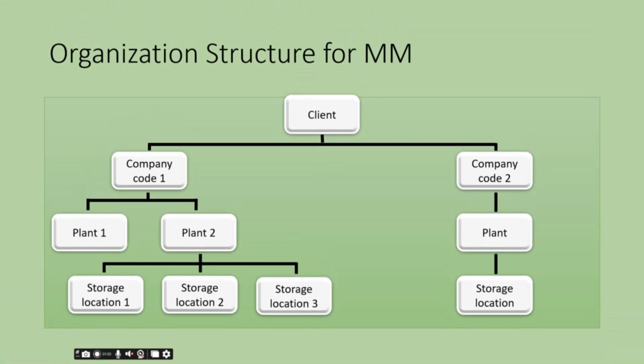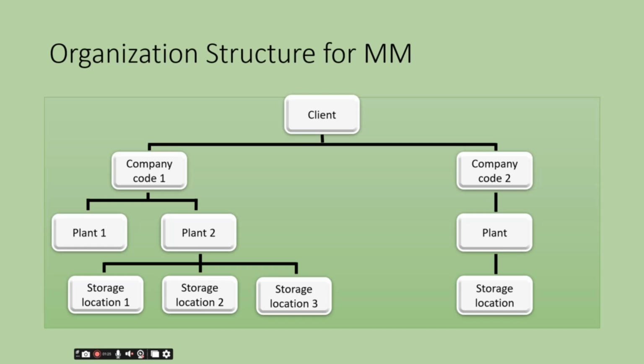Organization structure for material management. We say organization structure or enterprise structure. To implement any SAP module, we need to configure enterprise structure or organization structure in the SAP system. I will show how to configure enterprise structure in the next video. Have a look at this slide for enterprise structure for MM.